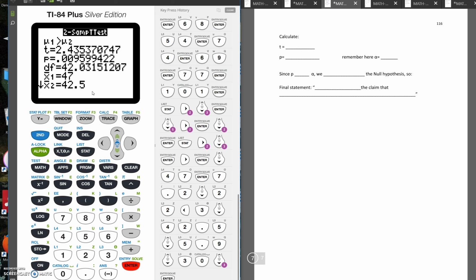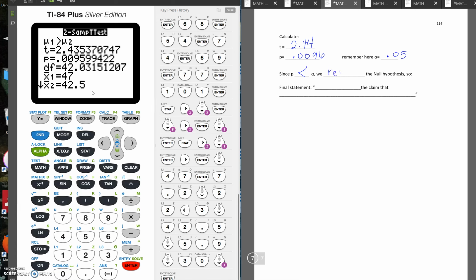The test statistic we get here, t, is 2.44. The p-value is 0.0096. Notice that we let alpha be 0.05, so p here is less than alpha. It's smaller.